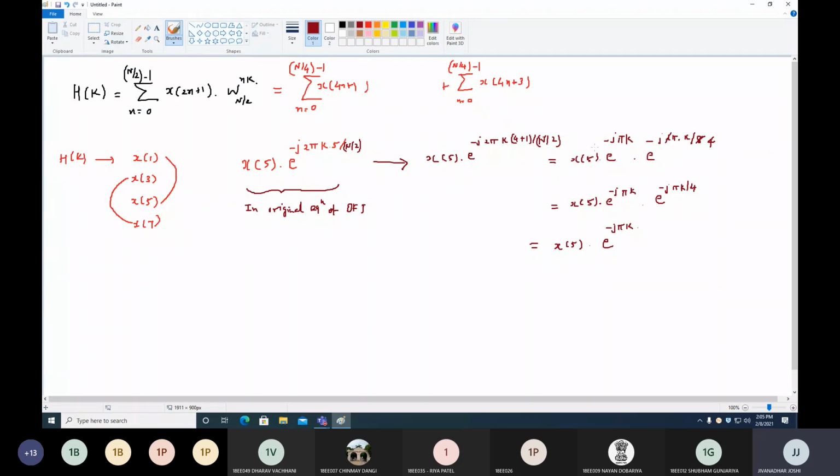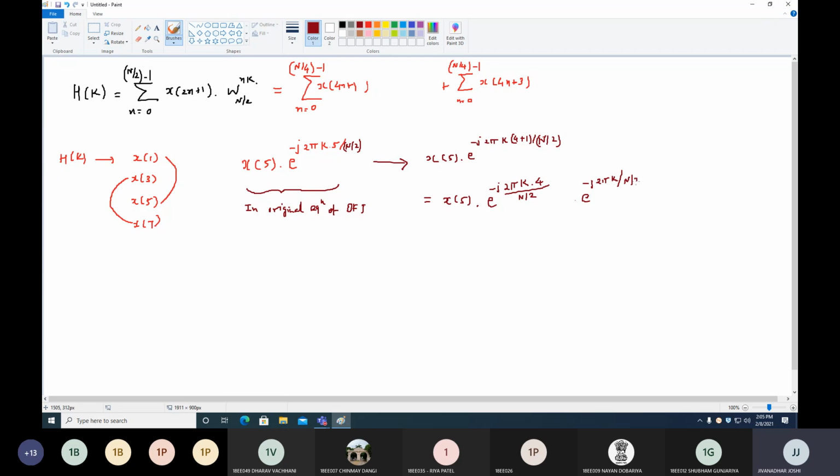So this is equal to x of phi into e raised to minus j 2 pi k into 4 divided by n by 2 into e raised to minus j 2 pi k divided by n by 2.